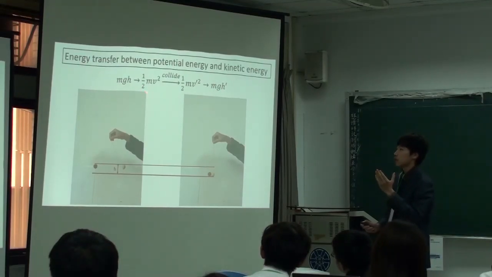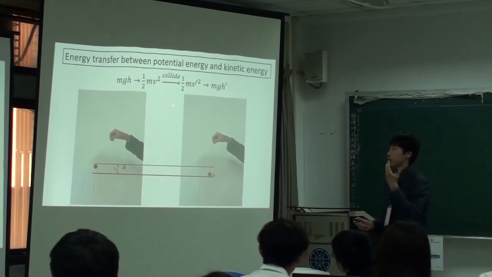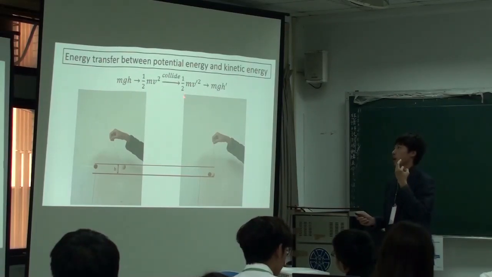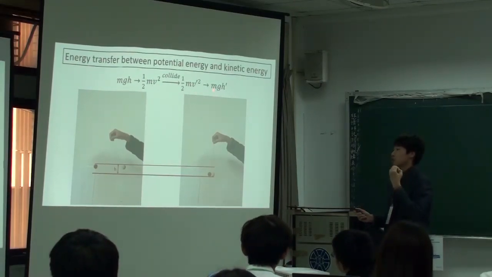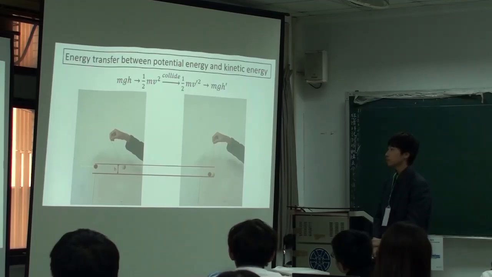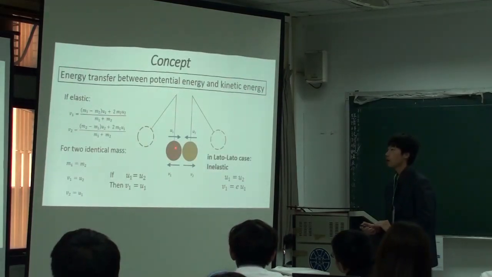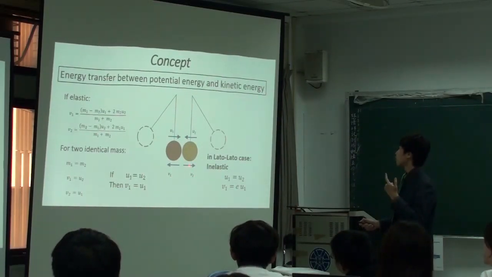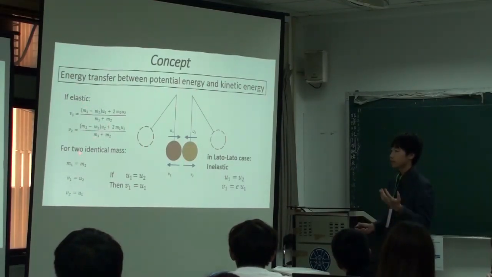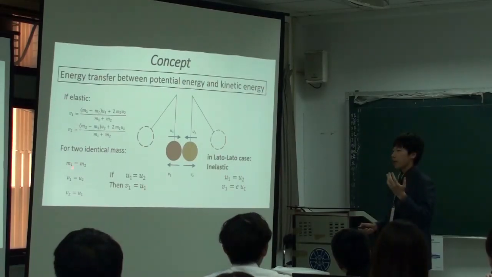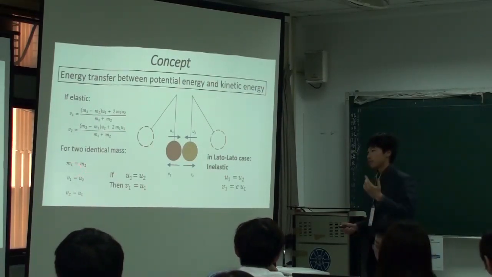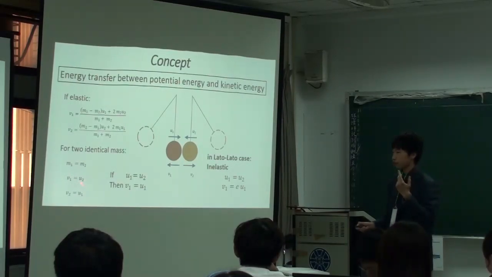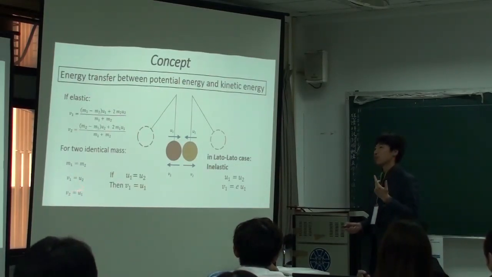mgh becomes half mv squared, and when it collides, it becomes half mv prime squared, which becomes mgh prime. This is u1 and u2, the initial speeds, and v1 and v2, the final speeds. In an elastic collision, if m1 equals m2, v1 equals u2 and v2 equals u1.